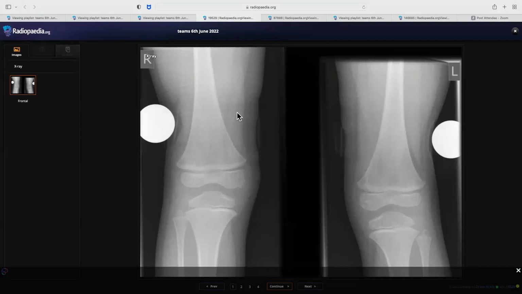No evidence of any obvious soft tissue swelling, and the epiphyses are normal. No evidence of any enlargement of the epiphyses, and no evidence of any metaphyseal flaring.